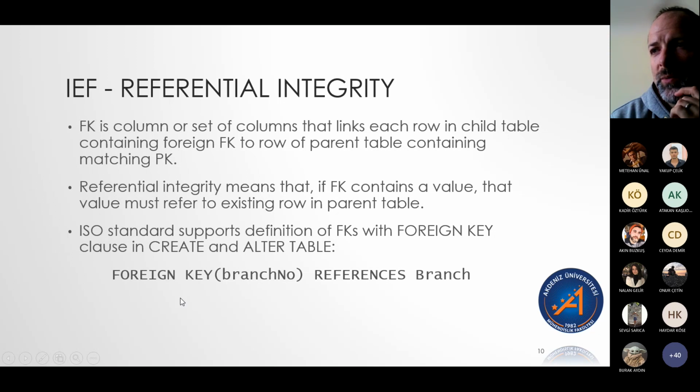If we try to add a staff person to a branch that doesn't exist in the branch table, this will say, nope, you can't do that. Which makes sense because they can't work at a branch that doesn't exist. You can't be in a course that doesn't exist.